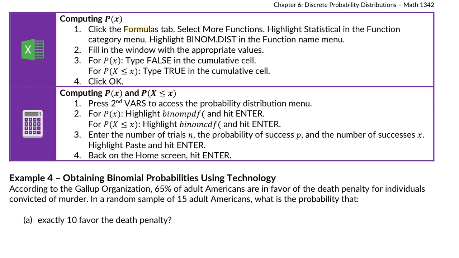You're going to go to More Functions, and then highlight Statistical. Now you can see it, you're using the binomial distribution, binom.dist. We're going to open that up, and it's going to ask you to use this pop-up menu to fill in the window.